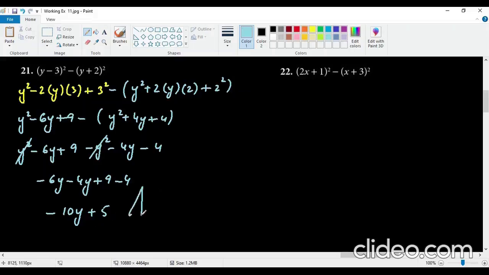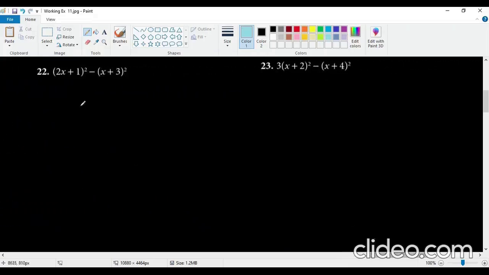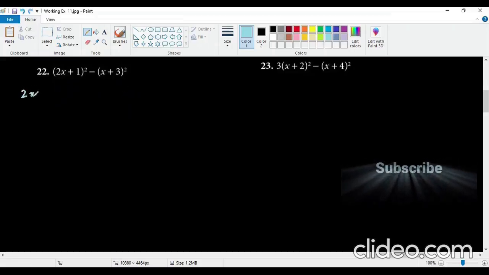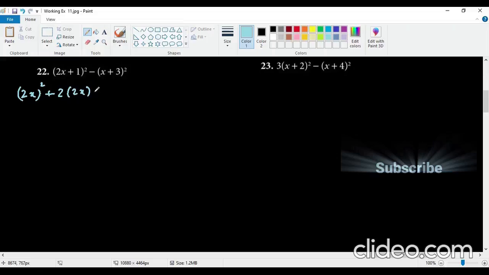Moving on to question number 22. As you know, I always consider this as A and this as B. Second part, this one is going to be A and this one is going to be B. A, B and A, B both are positive. Keep this in your mind that I'm considering first values as A and the second values as B. So simplifying the bracket, it's going to be A square plus 2 times A and B and plus B square.